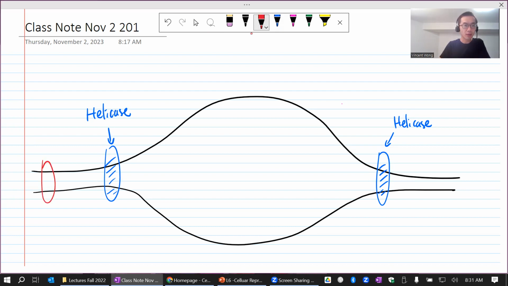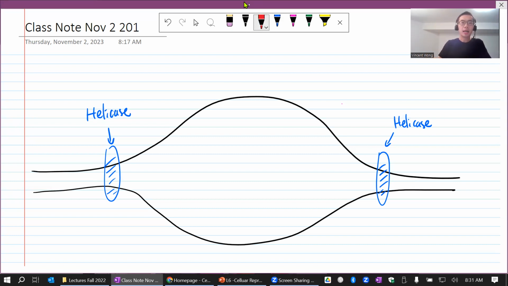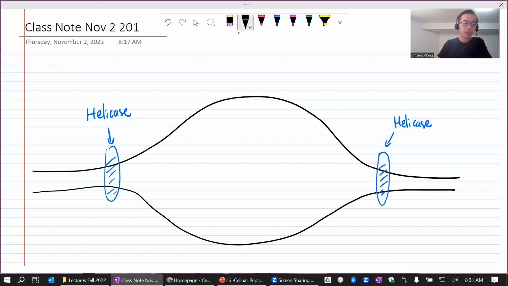We have the gyrase that are further down that would help relieve the tension. We have these single strand binding proteins that would hold the two strands apart. And we learned about how there is directionality associated with each of the DNA strands.